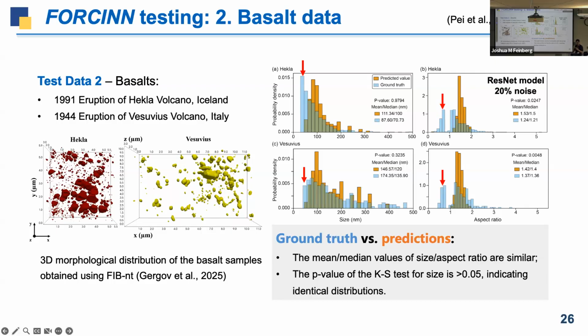It's because in our synthetic simulation model, there are only two axes, and the width and the height are the same. But in reality, the particle is triaxial, so we did not consider this situation. But basically, if we look at the mean values, it's very similar. So this indicates that if we consider more factors in our simulation data set, we can predict very well.